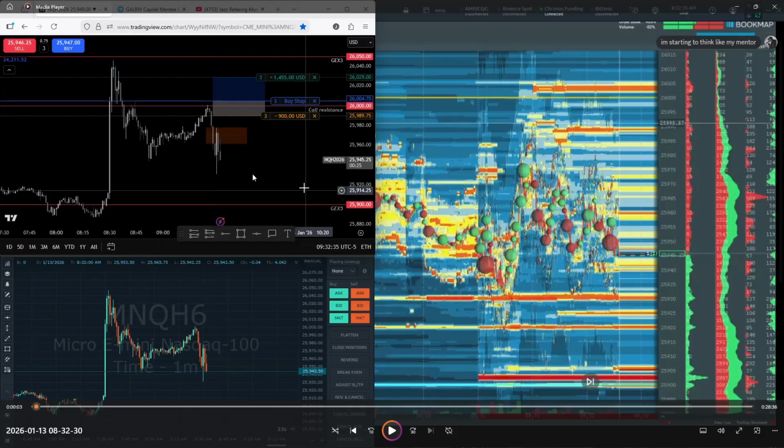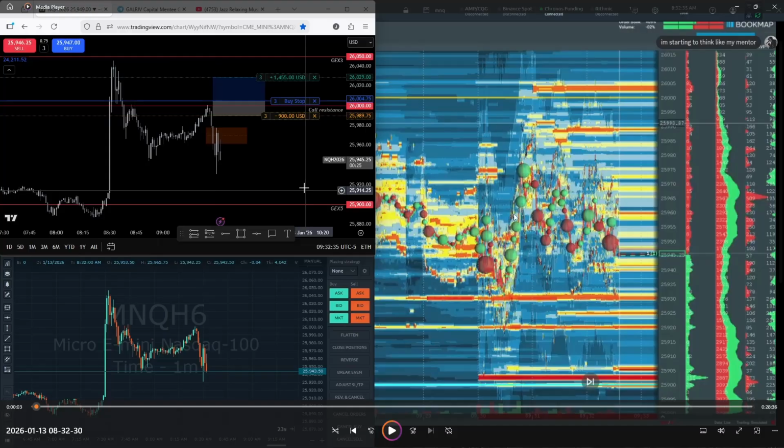Okay, so basically, here on the right, we got a software called Bookmap. Bookmap is a software where you guys can just see markets in real time. I can just see orders on the market in real time.